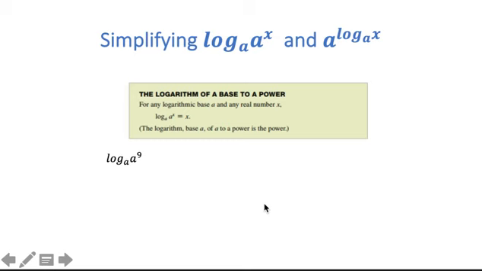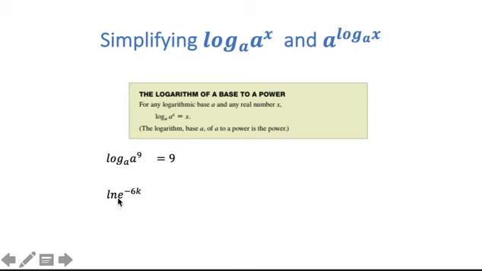Let's look at how that works. The log base a of a to the 9th is equal to 9. The natural log of e to the negative 6k power. Sometimes students get tripped up on this problem. See, the natural log, remember, means log base e.